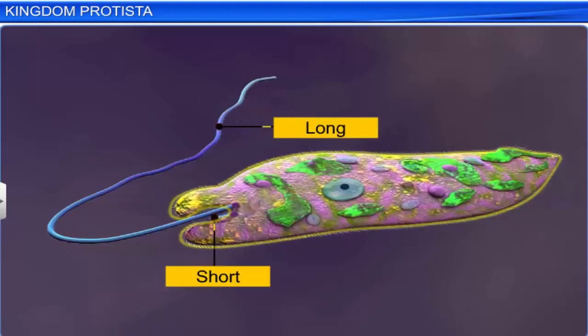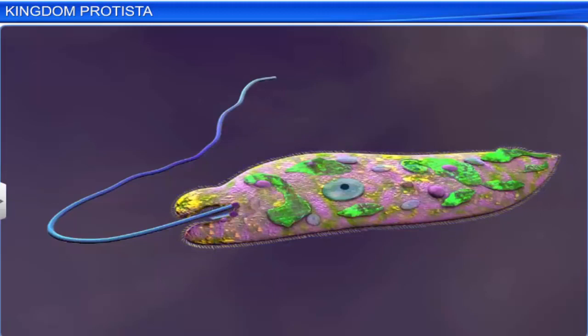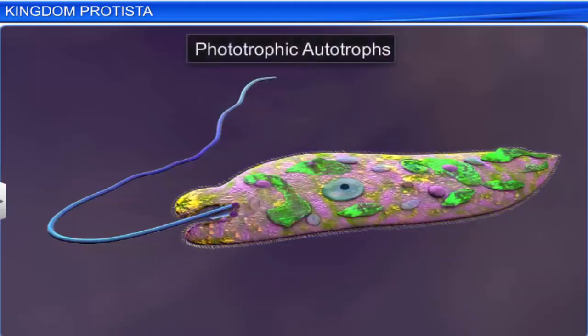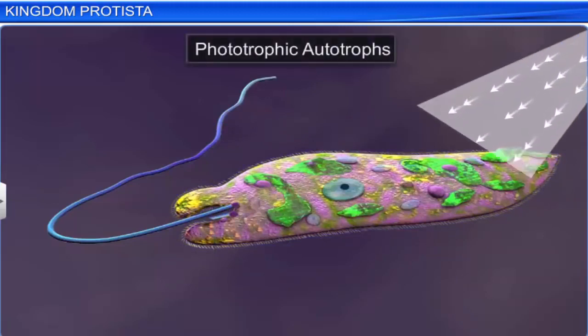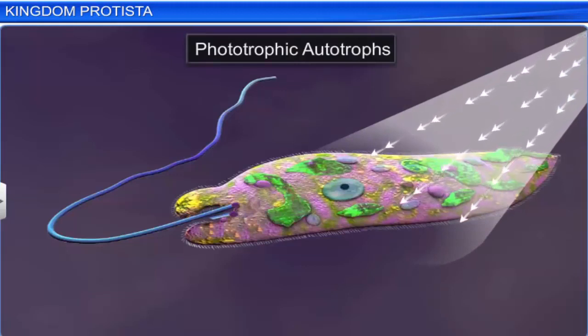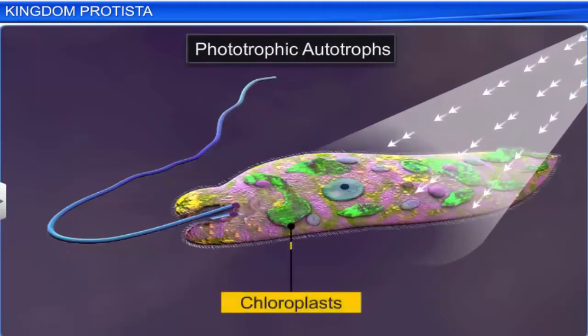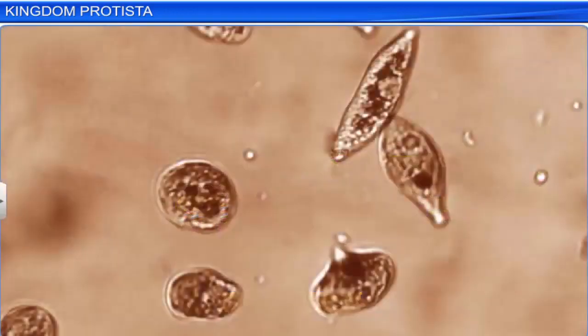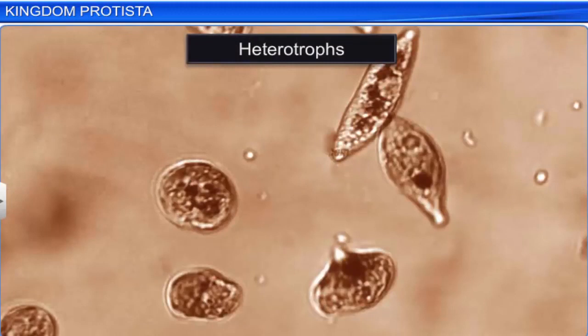Instead of a cell wall, euglenoids have a protein-rich layer called pellicle that makes their bodies flexible. Euglenoids are phototrophic autotrophs in the presence of sunlight, since they also have chloroplasts, like plants. However, they behave as heterotrophs in the absence of sunlight.